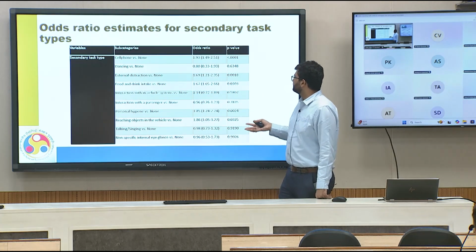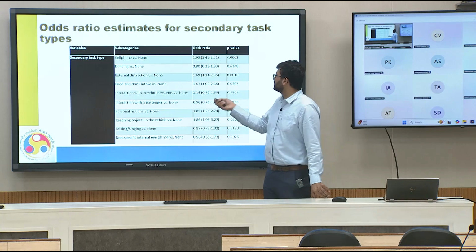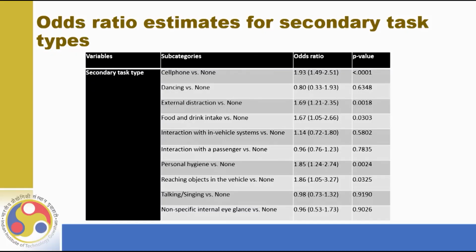A similar exercise is done for the next variable, dancing, which is not found to be significant. The risk might not be statistically significant in that case.